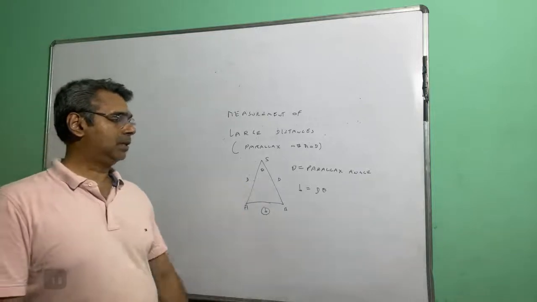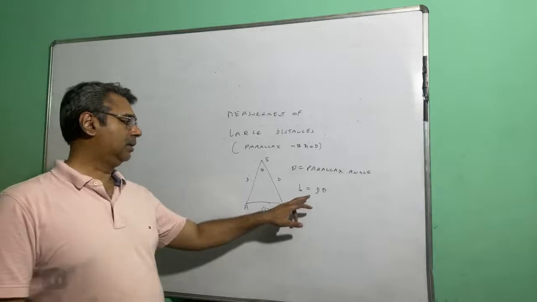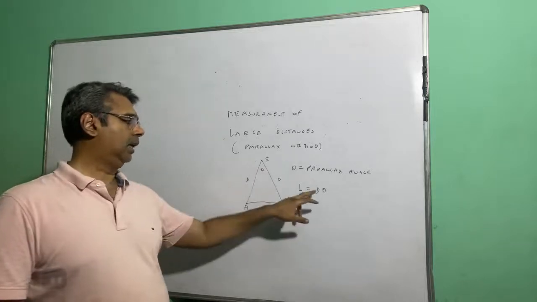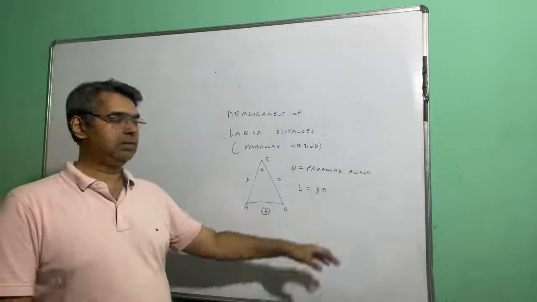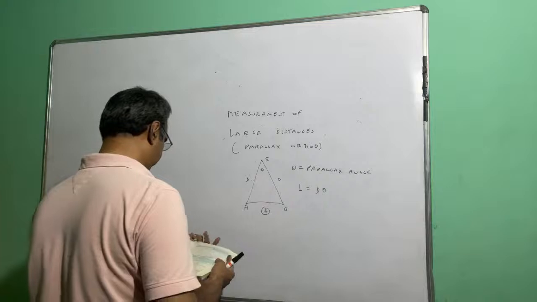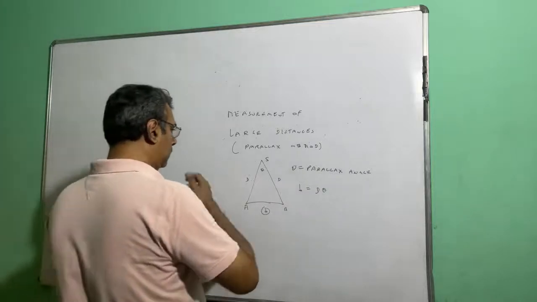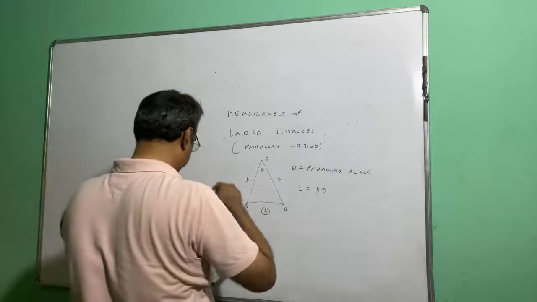If you measure this angle theta in radian, then the arc length is given by radius into the angle. So small b will be capital D into theta.